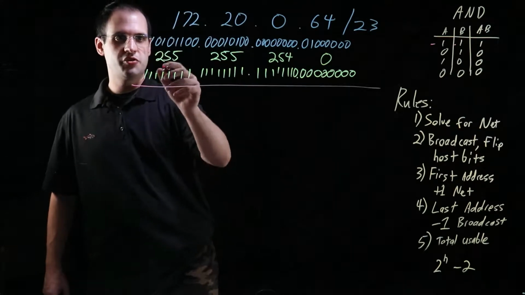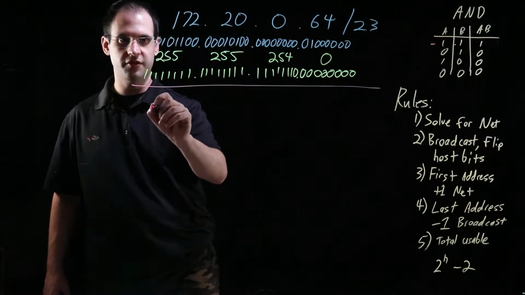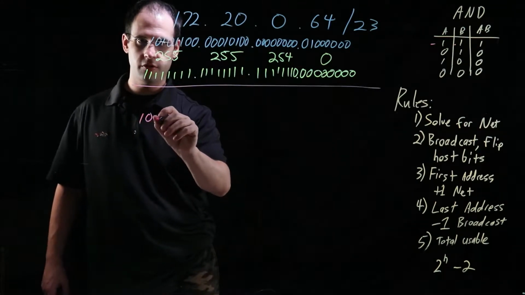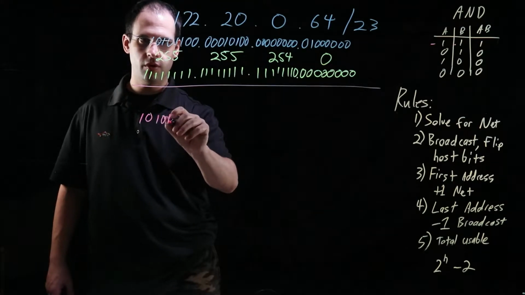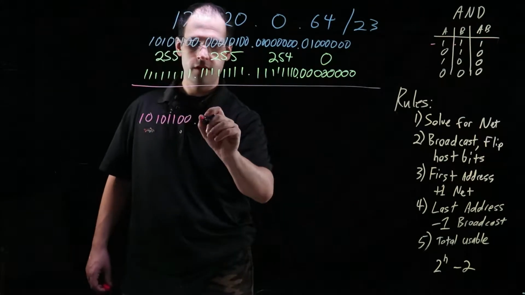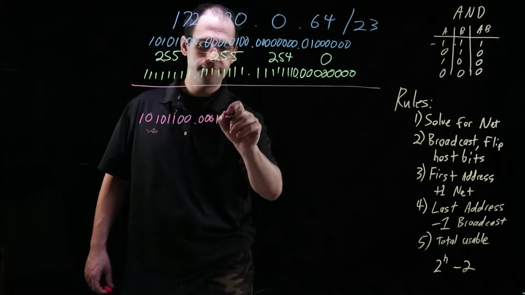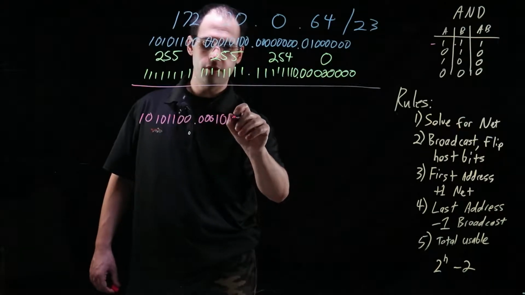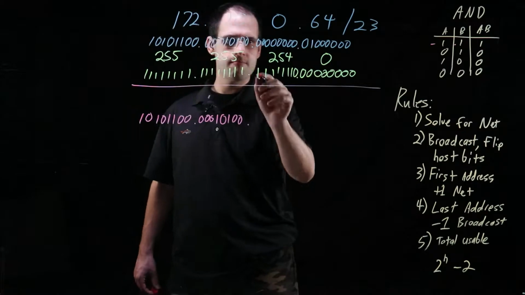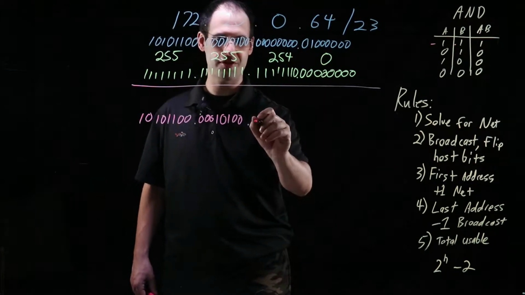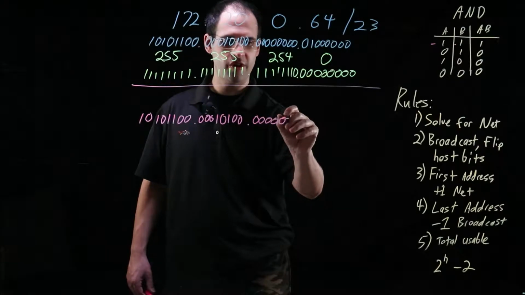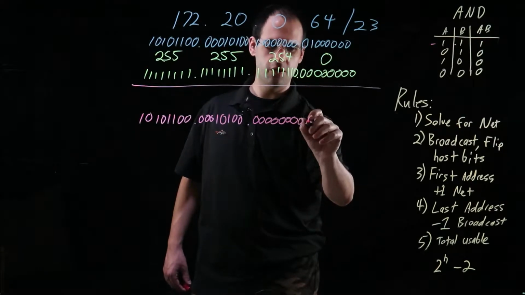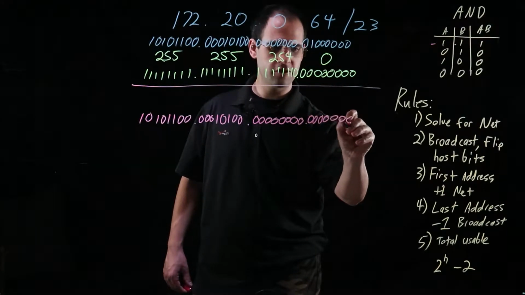So we're going to come here, and I'll do the binary this time again, just for good measure. 1, 0, 1, 0, 1, 1, 0, 0, 0, 0, 0, 1, 1, 0, 1, 0, 0, and then that's all zeros. 1, 2, 3, 4, 5, 6, 7, 8, and that's all zeros too, even though this has got this one here. 1, 2, 3, 4, 5, 6, 7, 8.